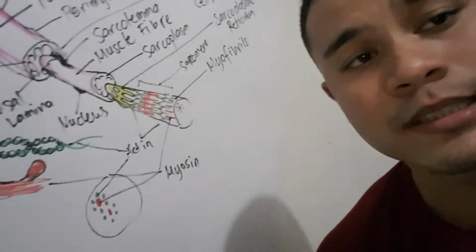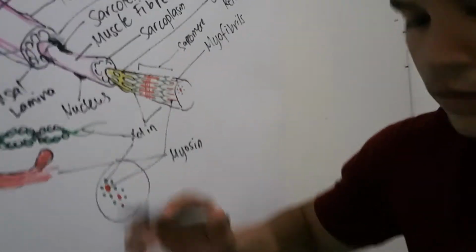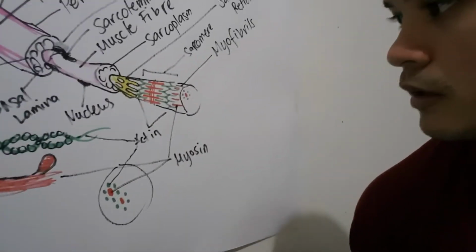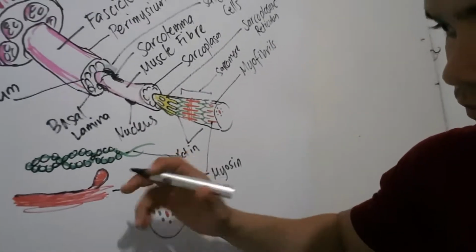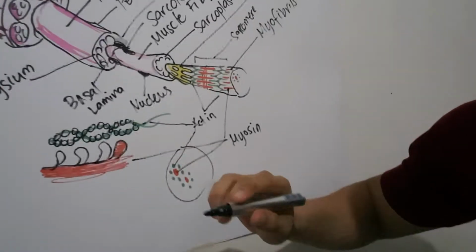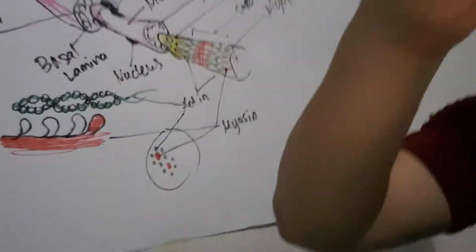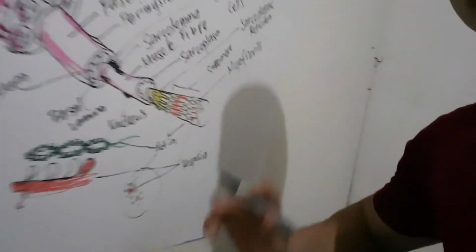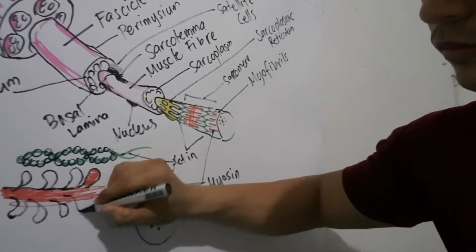There's what we call the sliding filament theory or sliding filament mechanism. The myosin, or the thick myofilament, has globular heads like this. It's actually many. That's in 2D, but in reality it has lots of heads.